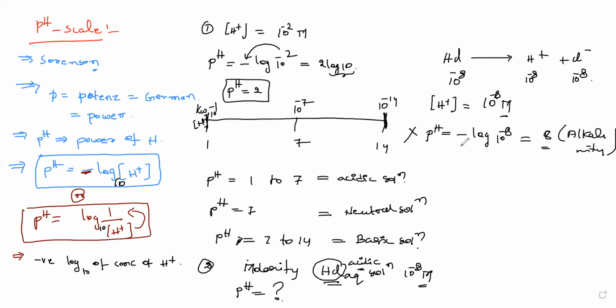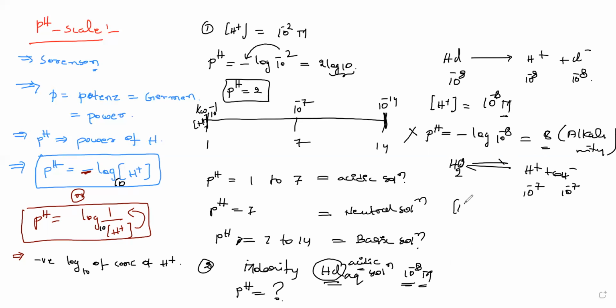But how to calculate this? In this solution, 10 to the power of minus 8 means very low concentration. So in this case we should consider water also. Water gives H plus and OH minus ions. Generally the concentration of H plus and OH minus ions in water we can take as 10 to the power of minus 7 and minus 7.